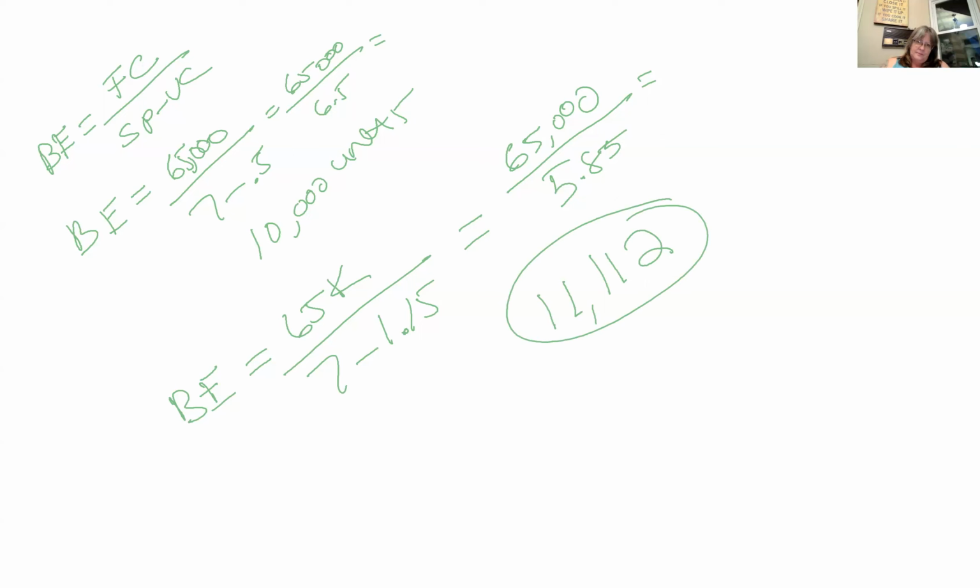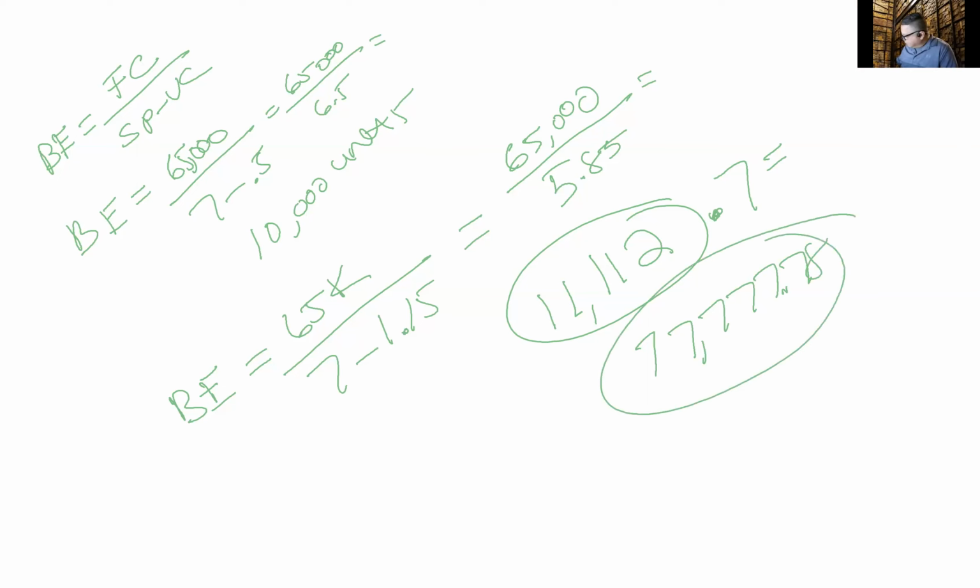If you multiply that times the selling price, you should come pretty close, which is $77,777. That's not exact, that's a rounding error, because we're breaking even around 65,000 plus our variable cost.